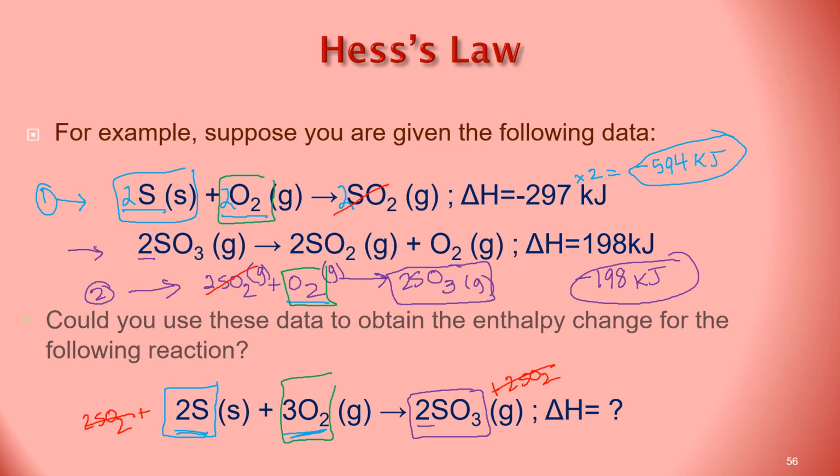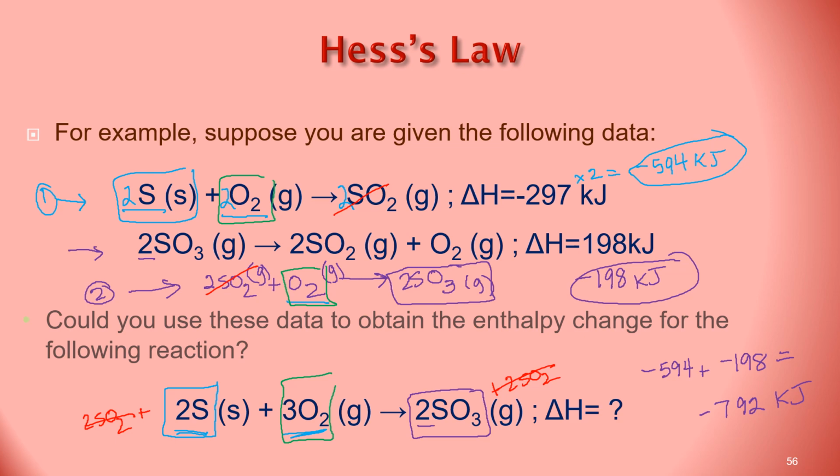So that means delta H equals negative 594 plus a negative 198, which is negative 792 kilojoules. So these kind of problems, what you want to do is rearrange, and we know how to manipulate. If we manipulate an equation, we know how to change delta H.